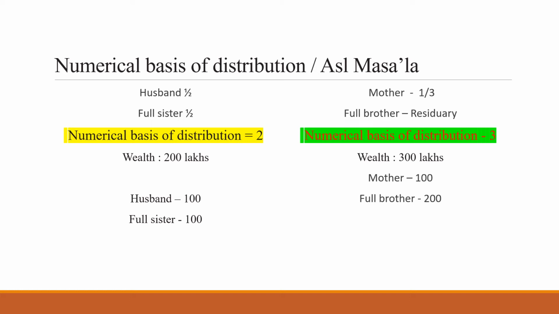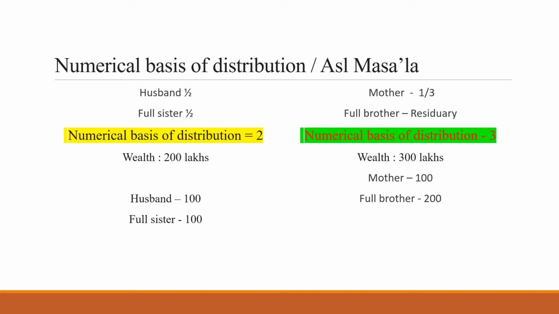One more example. A person passed away, he left a mother and a full brother. So the mother will definitely get 1/3, and the full brother will be a residuary, meaning he will inherit the remaining property after the fixed shareholders. So the numerical basis is 3. There will be confusion about how you understand the numerical basis as 2 in the first case and 3 in the second case.